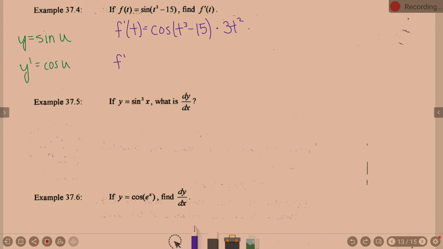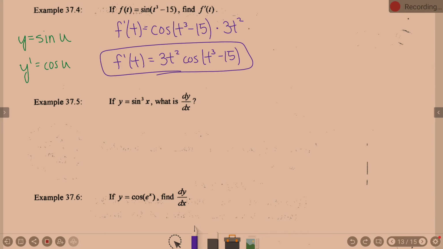So there's not really cleanup we can do here. So 3t squared cosine of t cubed minus 15. Making good progress here. You guys are going to stop me if you have questions, right?